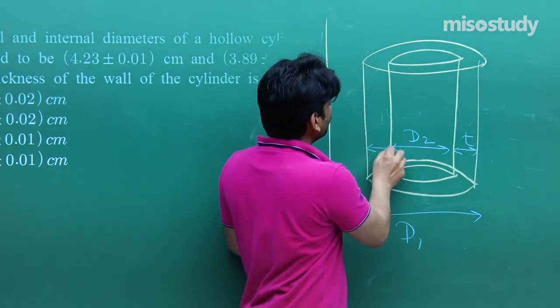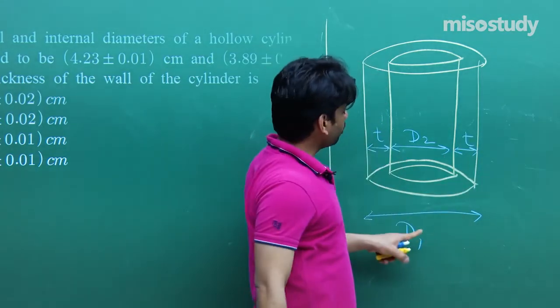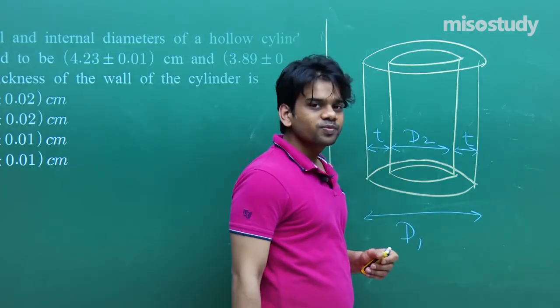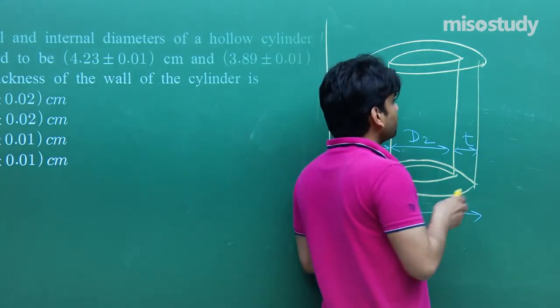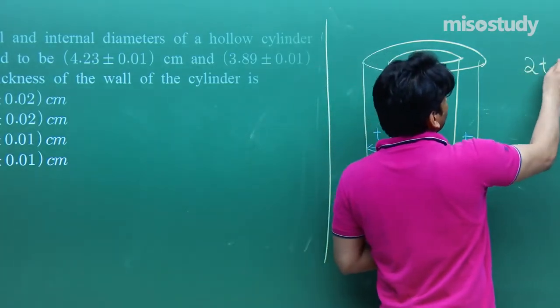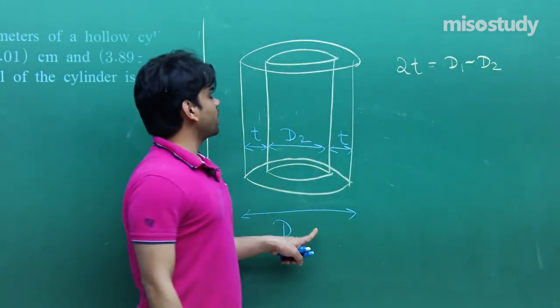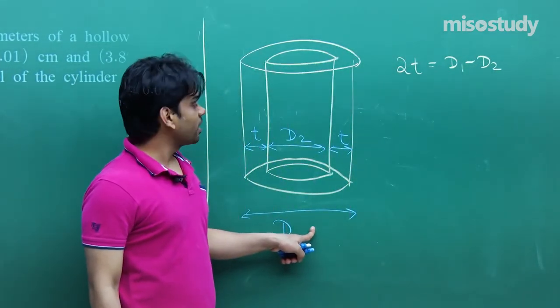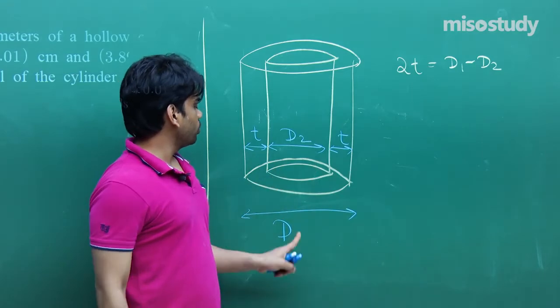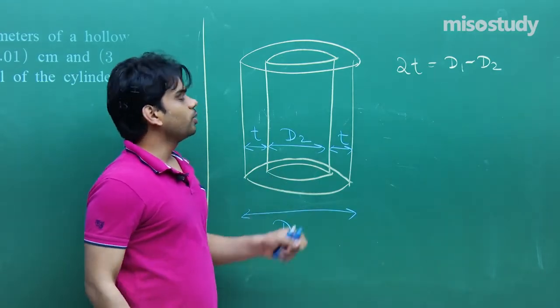So 2T will be equal to D1 minus D2. Quite obvious, we can write 2T equals D1 minus D2, which you can easily identify from the figure. Thickness I am identifying, T plus D2 will be equal to D1. So D1 minus D2 will be equal to 2T.